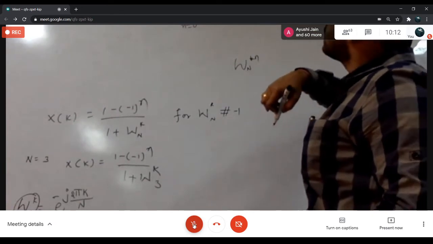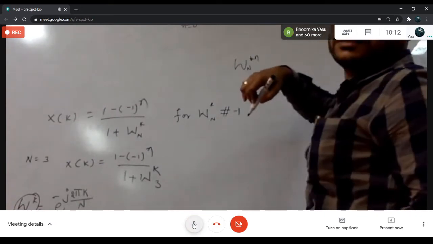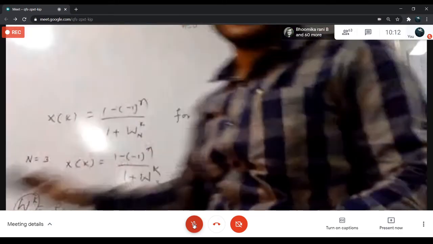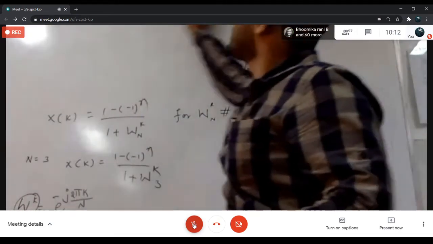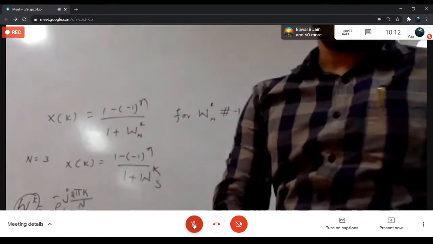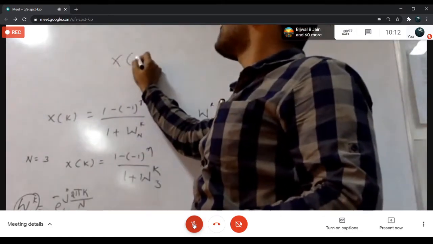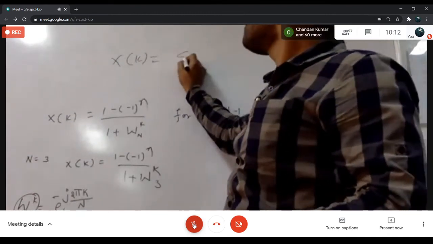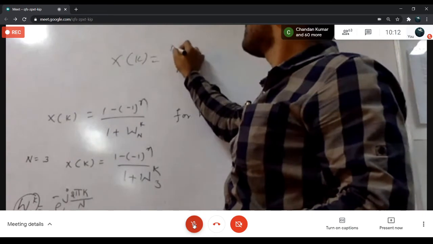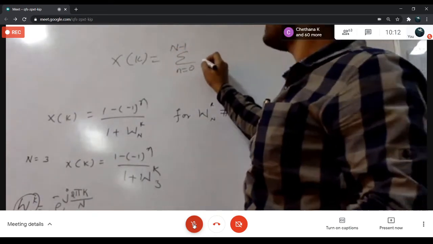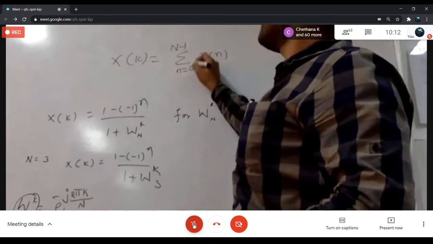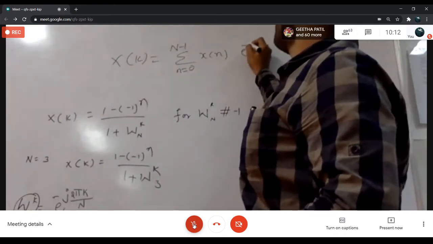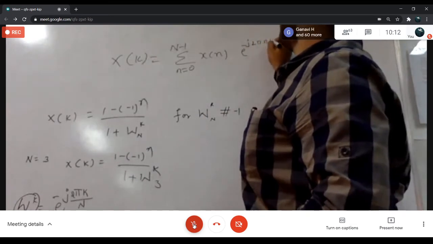Understand? x of k is equal to summation n is equal to 0 to n minus 1 of x of n e to the power of minus j 2 pi n k divided by n. Okay?